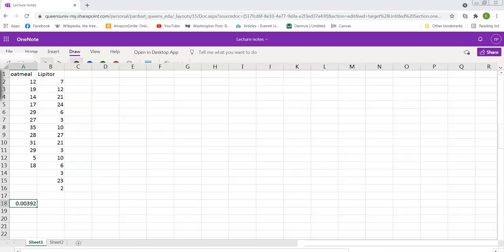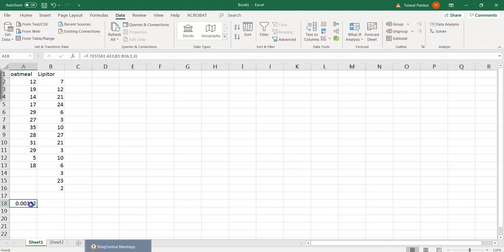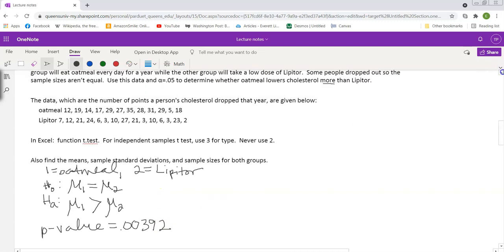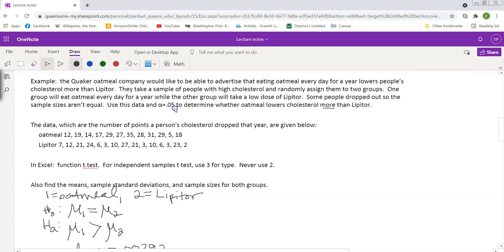So in Excel, we got our p-value is 0.00392. And let's see what it said for alpha in the problem. It said alpha is 0.05.